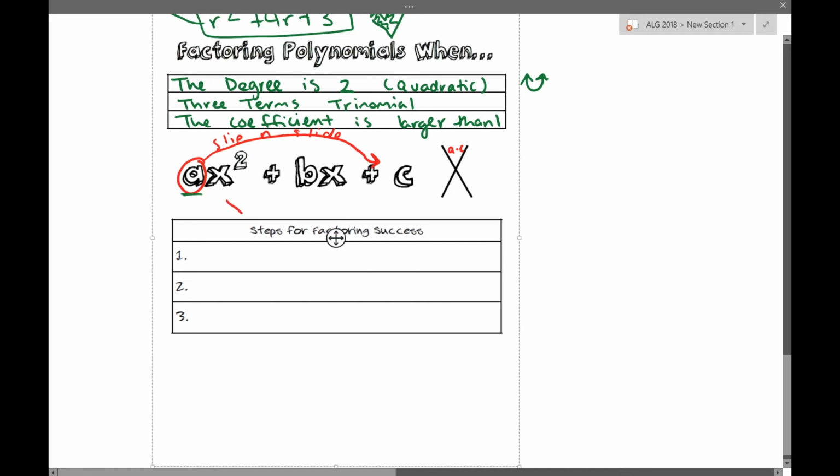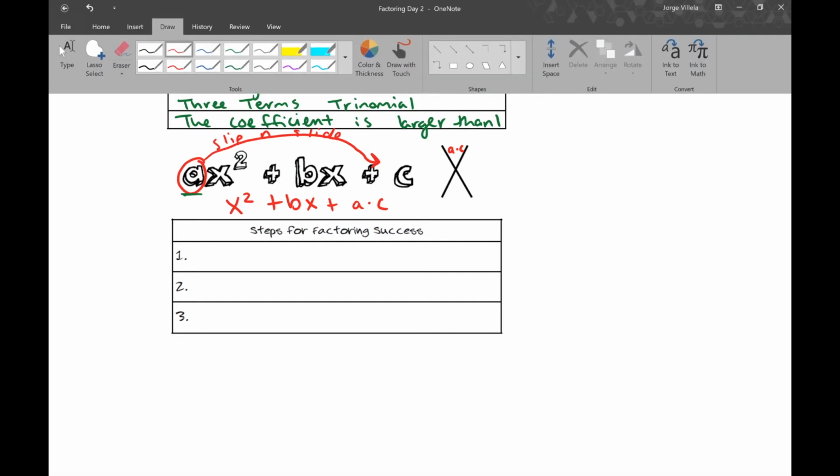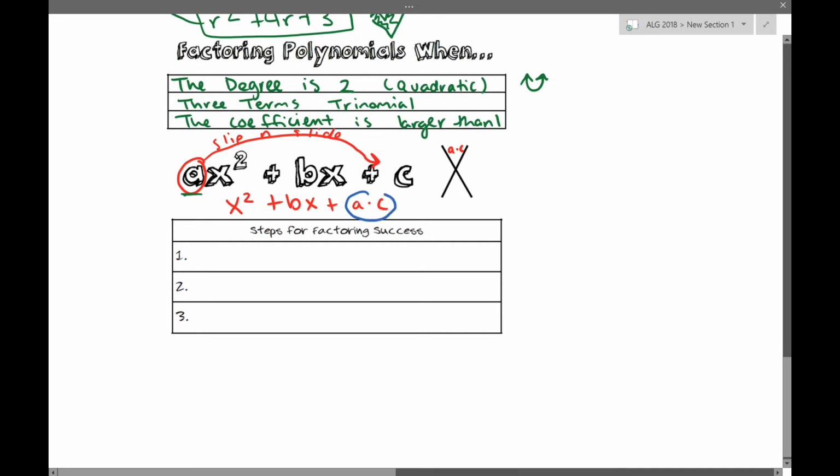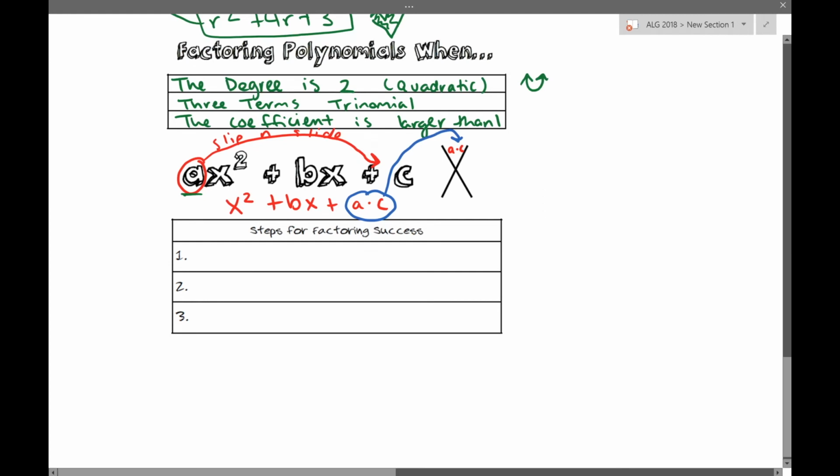So your new equation would look like x squared plus bx plus A times C. All we are doing is taking the A and multiplying it by the C. What do I do with that A times C? Well, I place it at the front, at the top. Just like the last time, I put the B at the bottom. So this B still goes to the bottom.